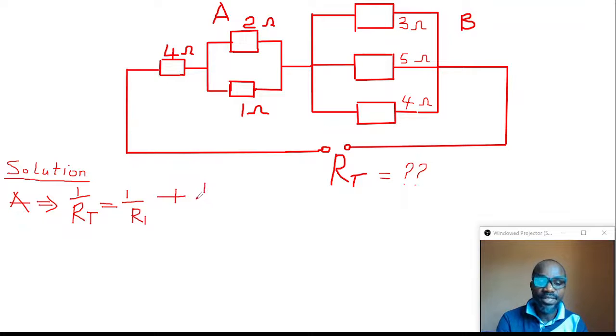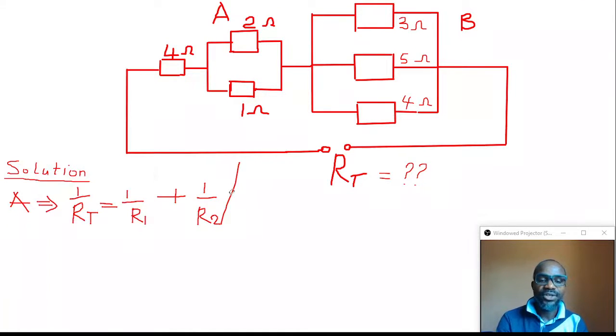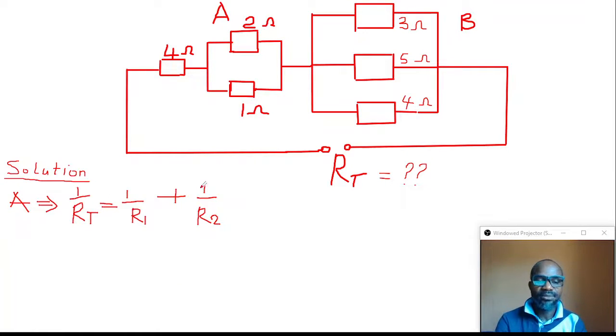I'm solving it in real time. This represents the number of resistors connected in the first section here. Look at it, 1 and 2. So we have two resistors connected in parallel in section A.